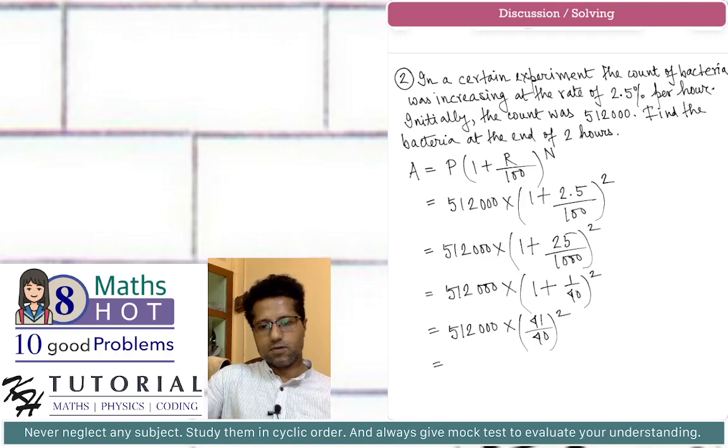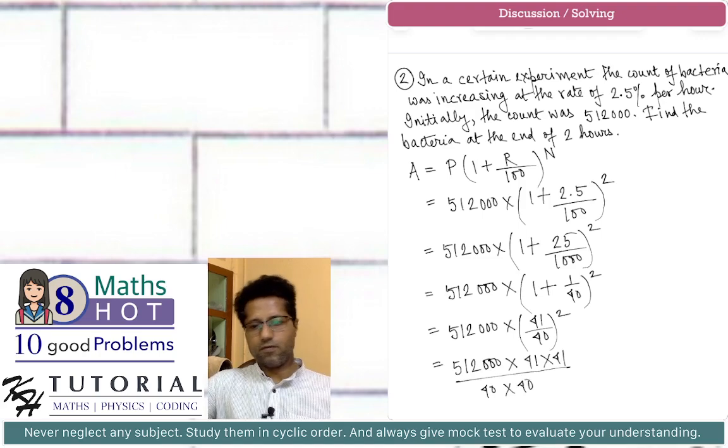So this is equal to 512,000 multiplied by 41 multiplied by 41 divided by 40 multiplied by 40. Now we have to simplify this value. 20 cancels out.